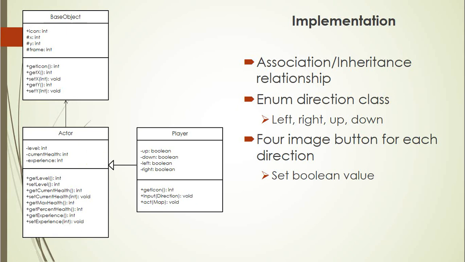And for the movement, which deals with this user story, the movement was achieved using the enum direction class, which was implemented for the left, right, up and down movement using 4 image buttons, and the input of each was processed using the on-click method, where the player's position was adjusted depending on which button was clicked. The player has the method to implement that.